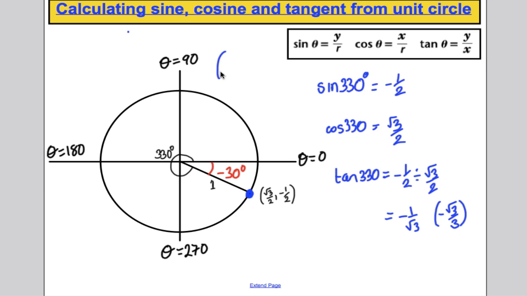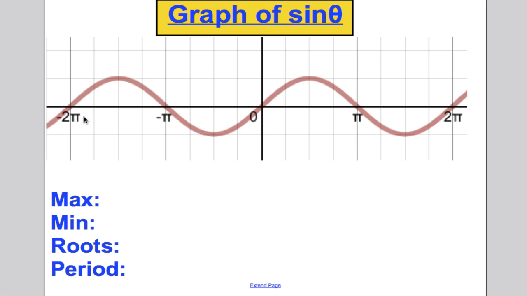So we would plot 330 against minus a half. And say over here, if that was 30 degrees, we know that we would plot 30 degrees against a half. If we plotted those degrees against what the sine theta value was, we would get a sine theta graph, and this is what it would look like.